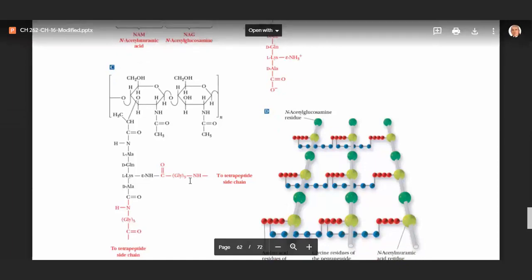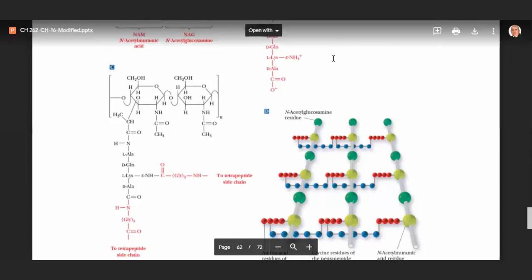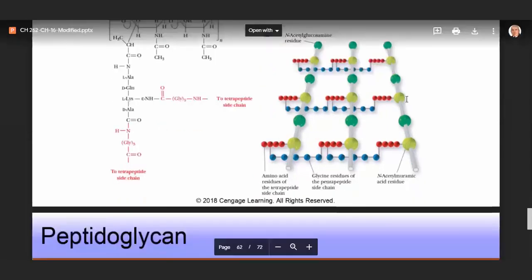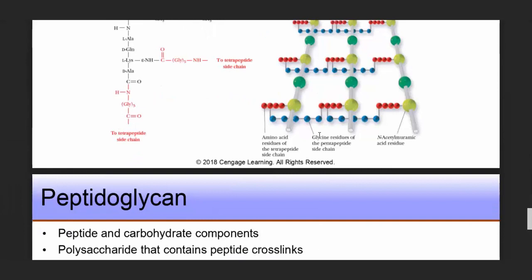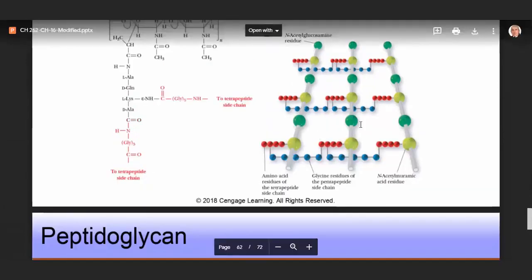After that, 2 pentaglycines are bonded, one to the epsilon amino group of lysine, and the other bonded to the C-terminal end of alanine. And here you can see a schematic diagram of the peptidoglycan. Peptidoglycan is the structure that is found in the bacterial cell wall.